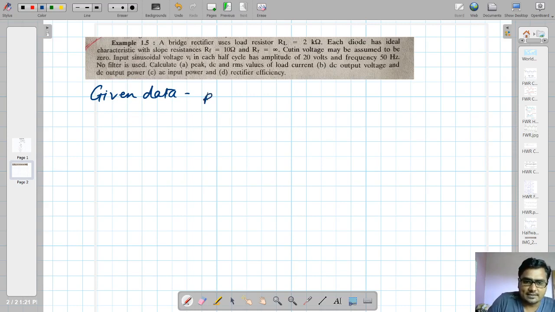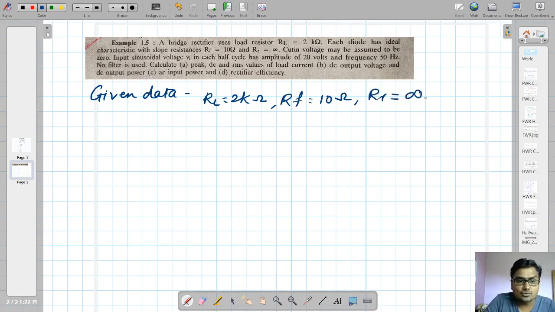So given data: RL is equal to 2 kilo ohm. Each diode has ideal characteristics with slope resistance RF of 10 ohm. See here also RF is 10 ohm, and then RR, the reverse resistance, they have given as infinite. Cut-in voltage may be assumed to be 0.